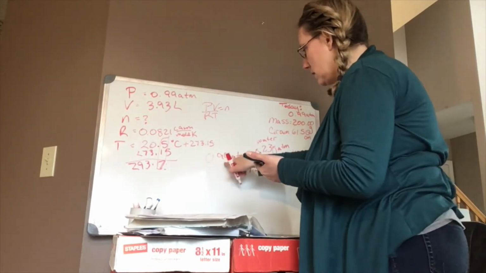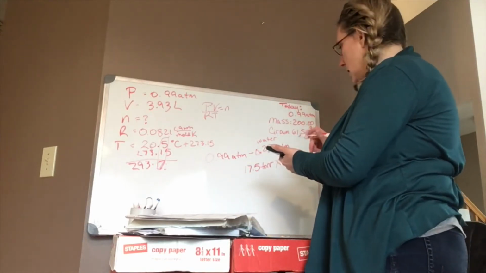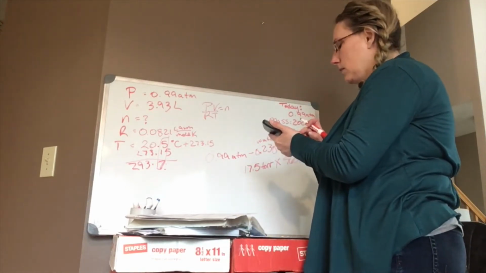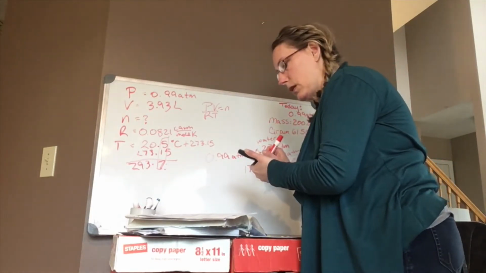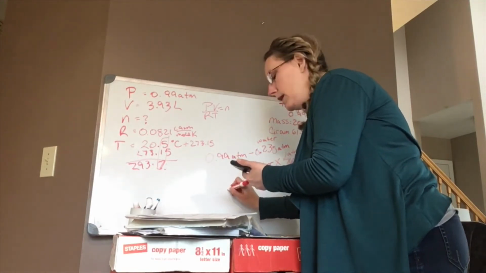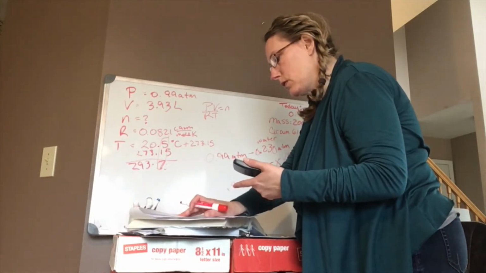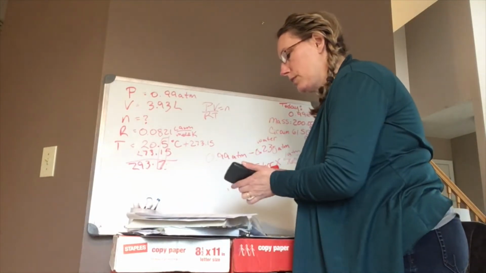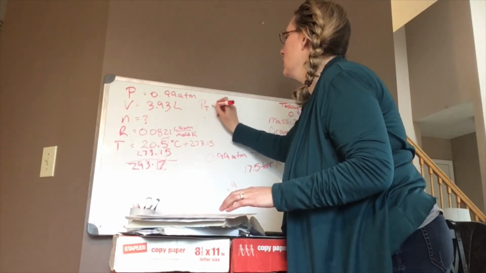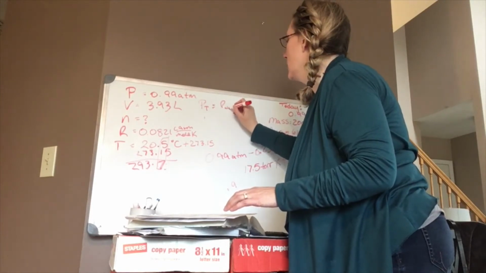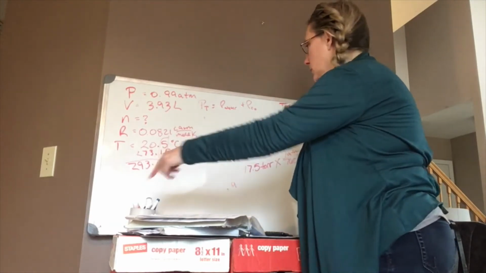This is our atmosphere today, 0.99 atmospheres. Now it's going to be the partial pressure of carbon dioxide. Remember our partial pressure thing? Pressure total is your pressure of water plus the pressure of the carbon dioxide that's in our bowl or our balloon.